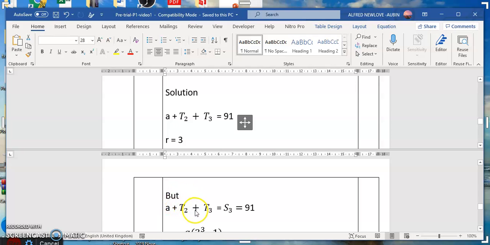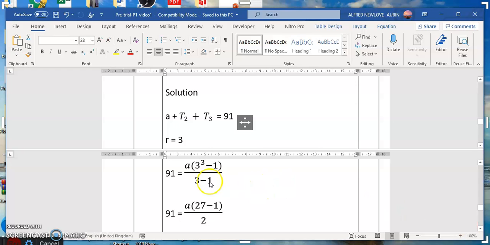But we're given that a plus the second term plus the third term, which is the same as the sum of the first three terms, is 91. It was given in the question. So it means 91 is equal to that one.